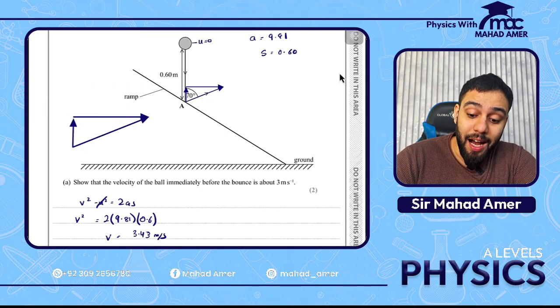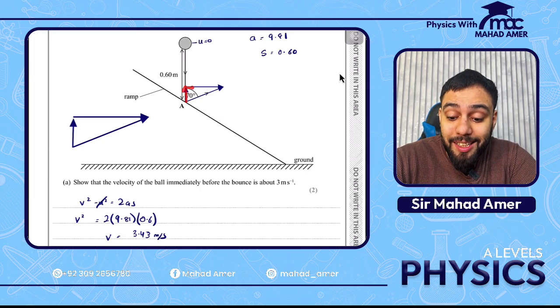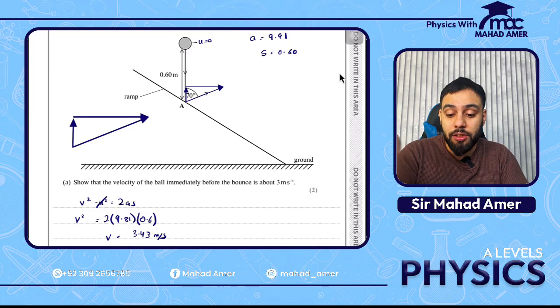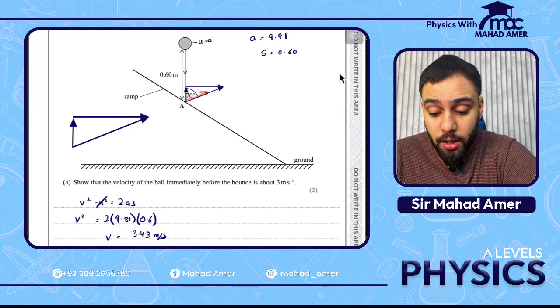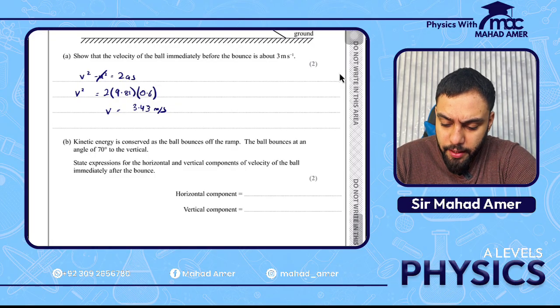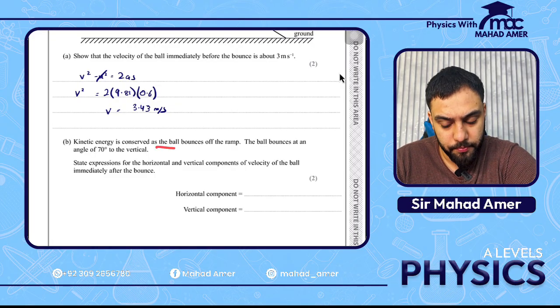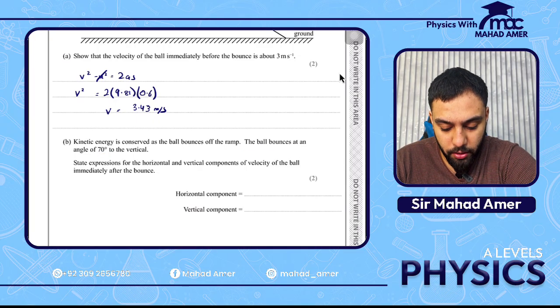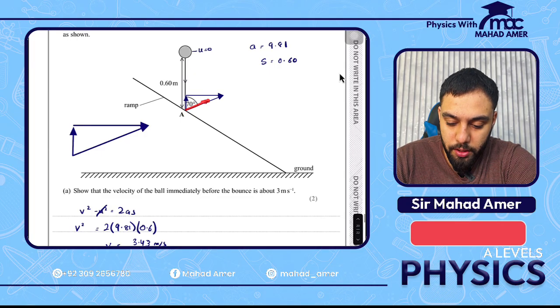So these arrows represent the ball once it has changed its velocity. This is saying that the kinetic energy of the ball is conserved. The ball bounces at an angle of 70 degrees to the vertical.